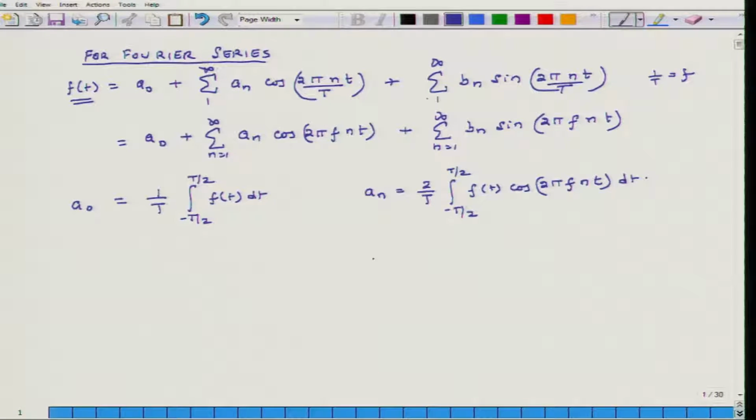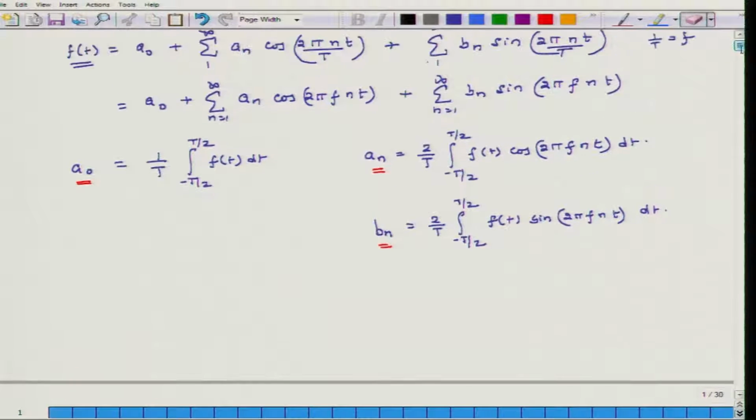And b n is 2 over T integrated over the limits minus T over 2 to T over 2 of f(t) sine 2 pi f n t dt. These are the expressions for a naught, a n and b n, and these are constants in the Fourier series.